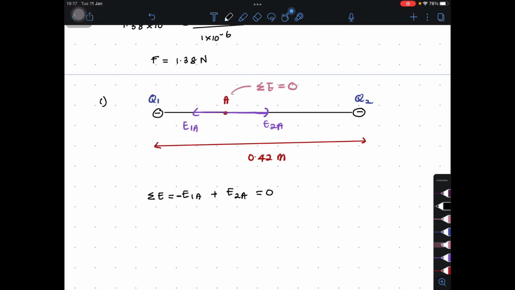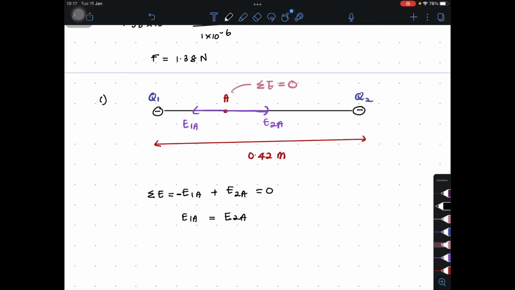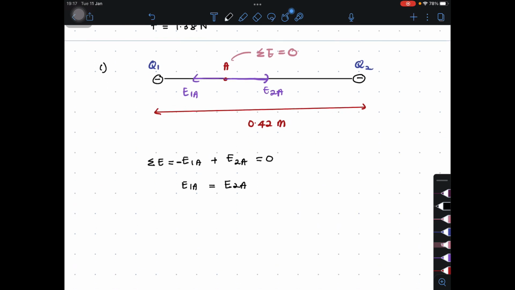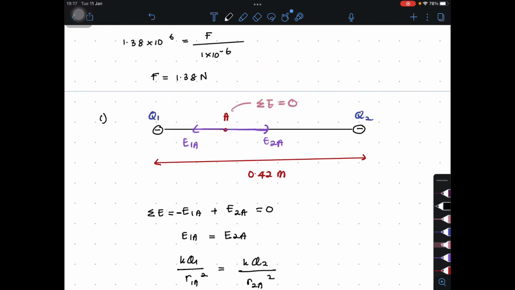So now E1A will be equal to E2A. After that you just substitute the formula: KQ1 divided by R1A square equal to KQ2 divided by R2A square.